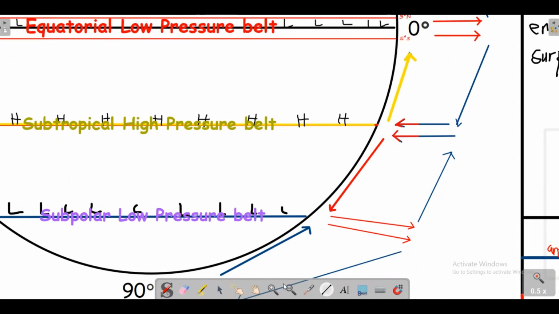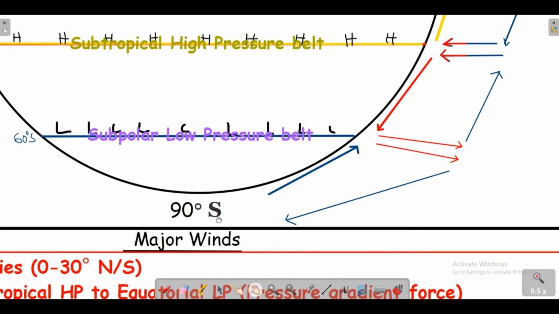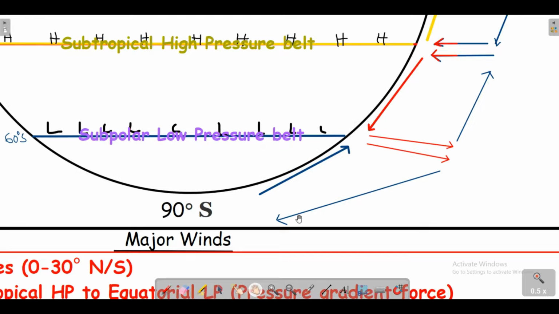And then at 90 degrees, the air loses energy and sinks down. At 90 degrees, anyway, it's already cold over there. Remember these are the poles, so we're already expecting a high pressure belt there.